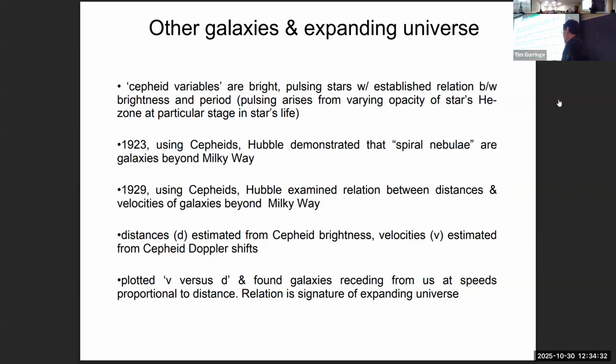But I just got a couple of slides to introduce the data behind the discovery of actually both galaxies and the fact that the galaxies are all moving away from one another. The universe is expanding, and how we see that in the data, how Hubble learned, extracted that from the data.